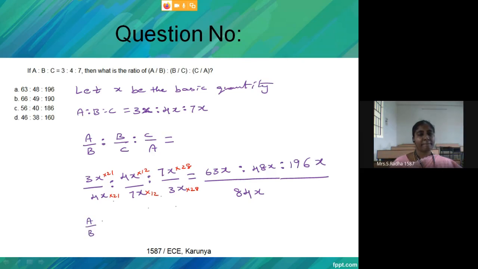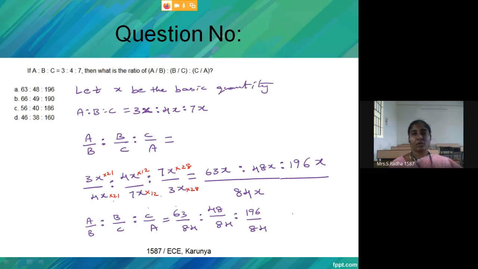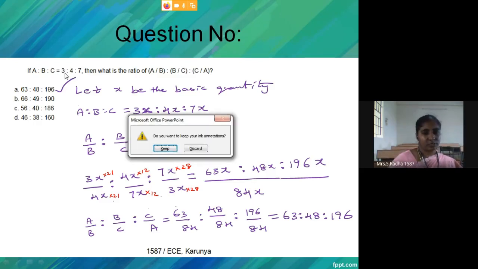A by B is to B by C is to C by A is nothing but 63 by 84, x cancels, 48 by 84, and 196 by 84. Because 84 is common in the denominators, you can cancel it and take it as 63 is to 48 is to 196. This is the answer for this question.